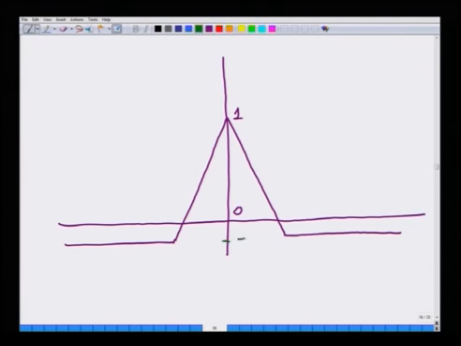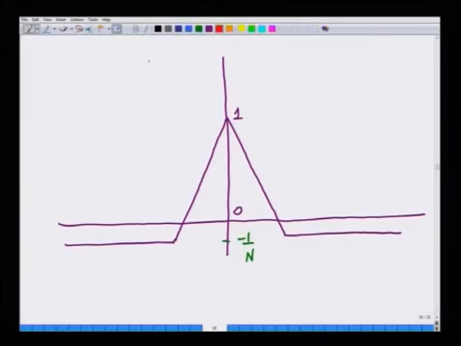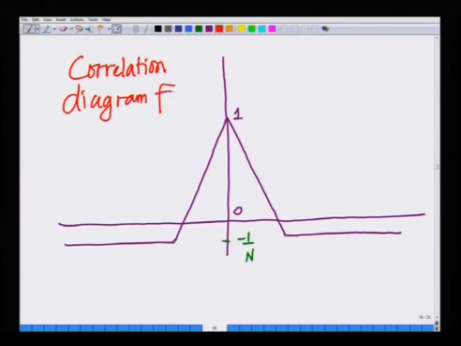So, this is minus 1 over n. So, at 0 it is 1, outside of 0, that is for a lag, that is a delay that is positive or negative, it falls down to minus 1 over n, and this is the correlation diagram for a PN sequence.